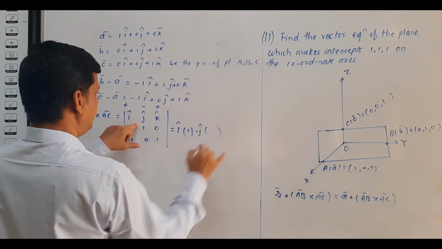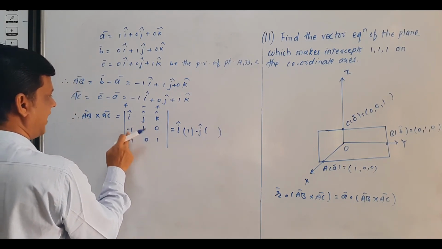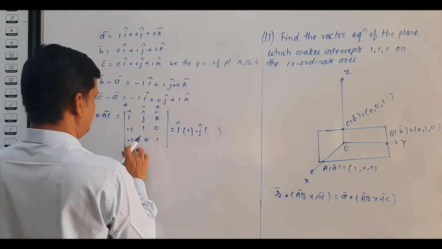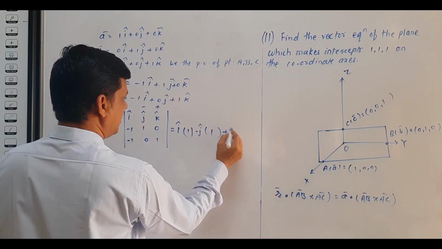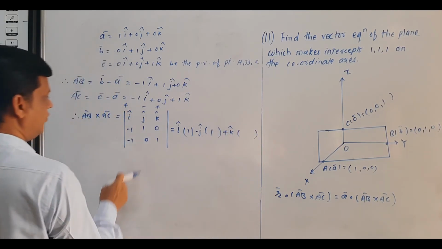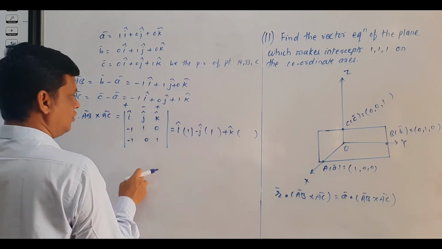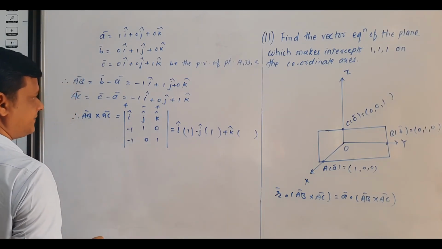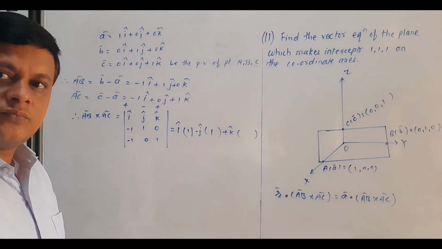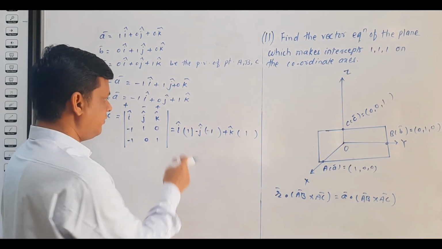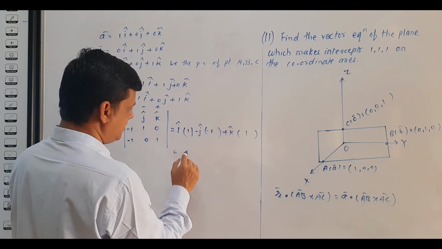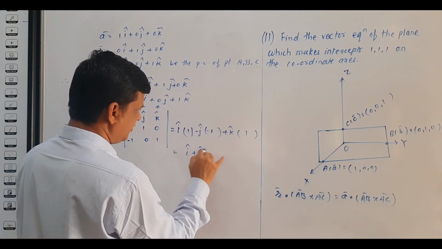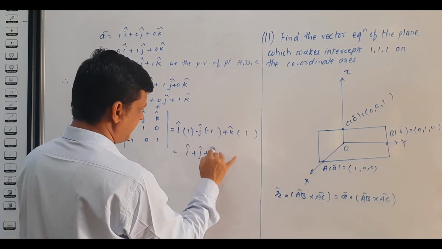Minus j in bracket: minus 1 into 1 minus 0 is minus 1, so minus minus gives plus, we get plus 1j. Plus k in bracket: we get 0 minus 1 into 0 as 0. In this way we get the value i plus j plus k.